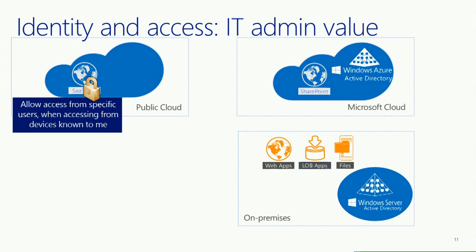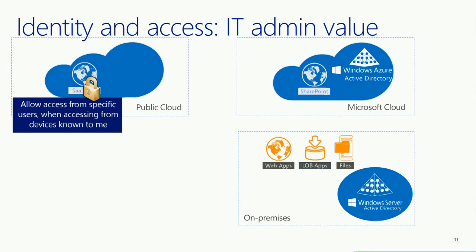And when I move more to the IT admin value side, these are different types of policies that IT, and these are just examples that I'm showcasing before I get to showing some demos and walking through them.